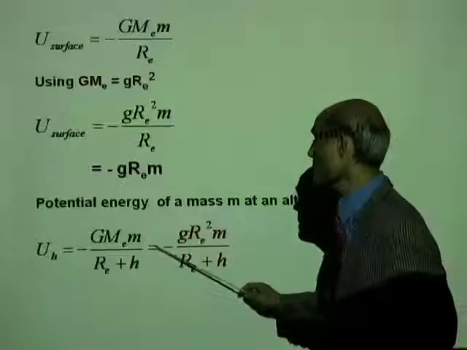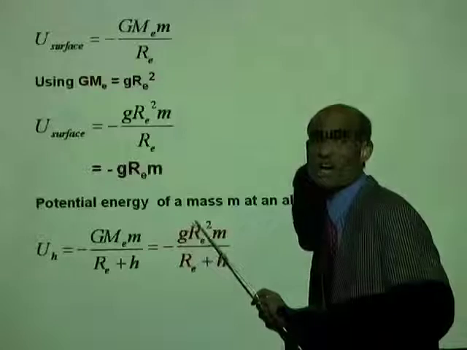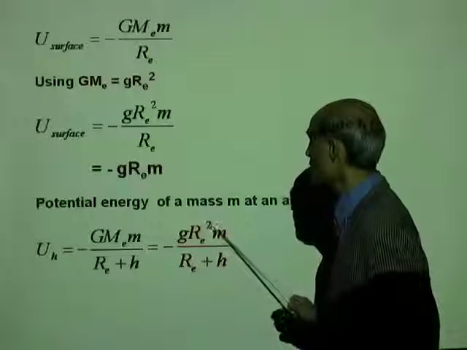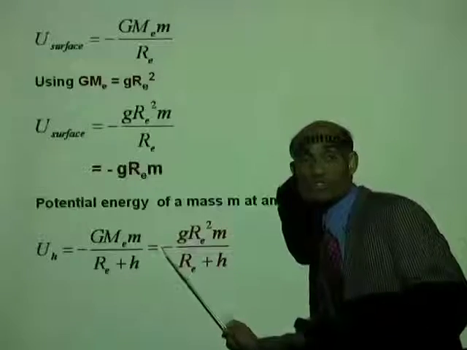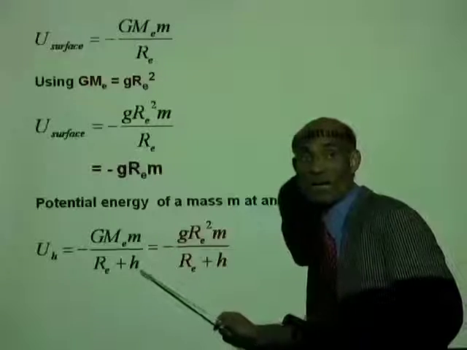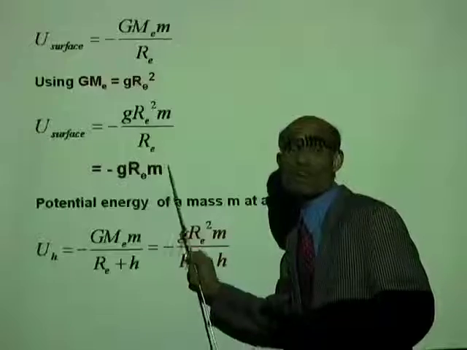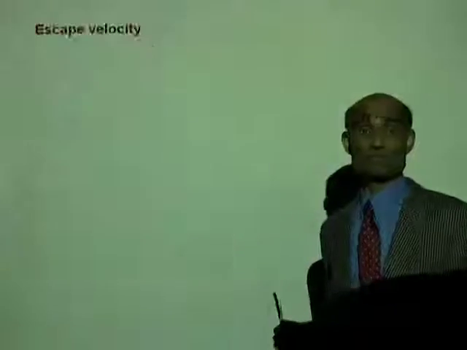That will be negative, this G M_E can be replaced by g R_E squared. So that will be negative g R_E squared M over R_E plus h. This is the potential energy of an object of mass m at an altitude h. This is the potential energy of an object of mass m on the surface of the earth.